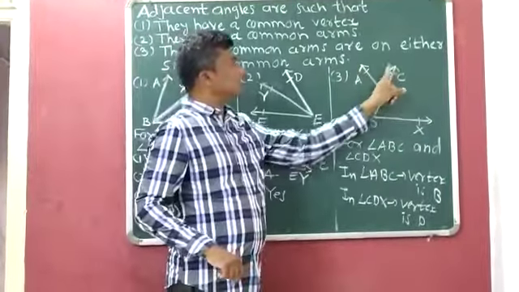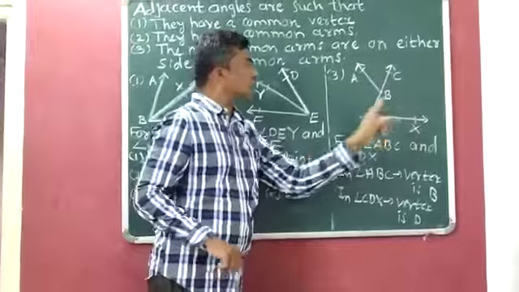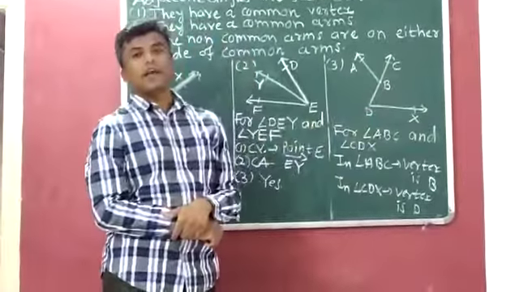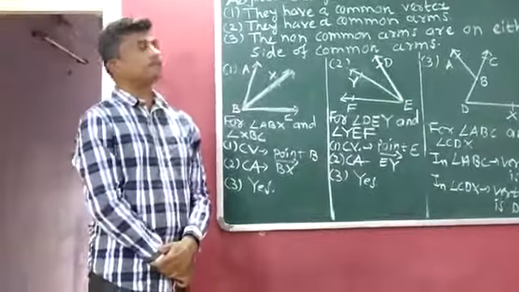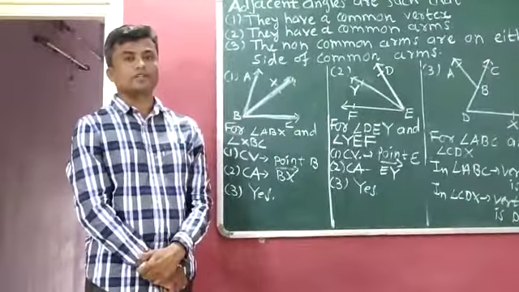So angle ABC and angle CDX are not adjacent angles. So this is the basic information about adjacent angles. I hope you understand this.